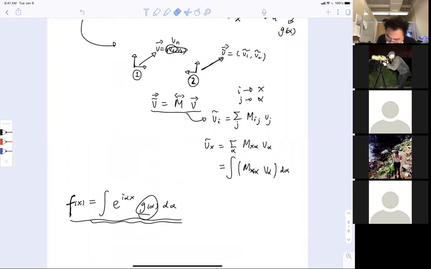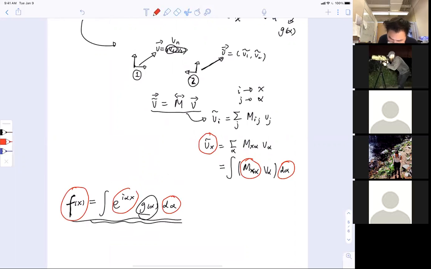You can say this is, let's use another color, this is v tilde x, fx. This is the integral of alpha. This is m, a function of x, and also a function of alpha. This is nothing but this kind of exponential. This v alpha is nothing but this g alpha.